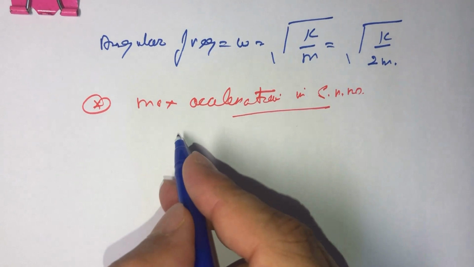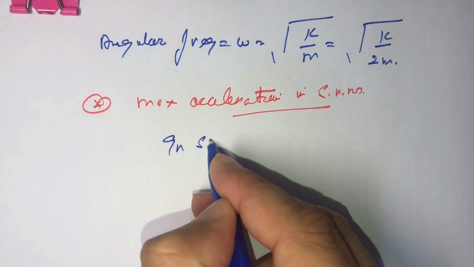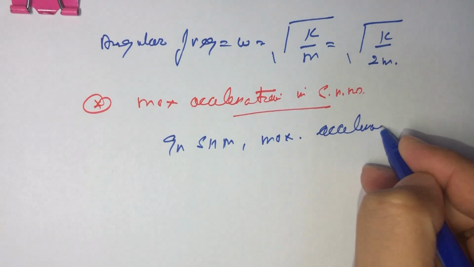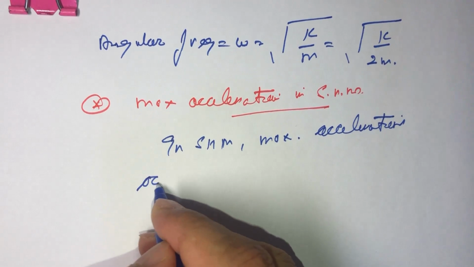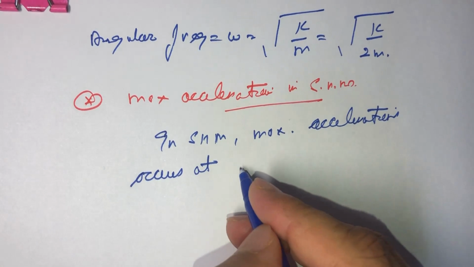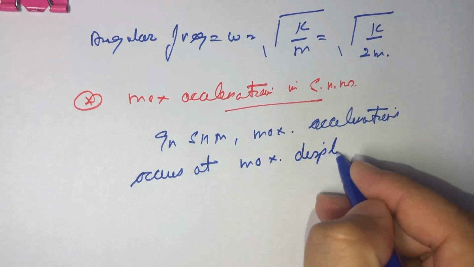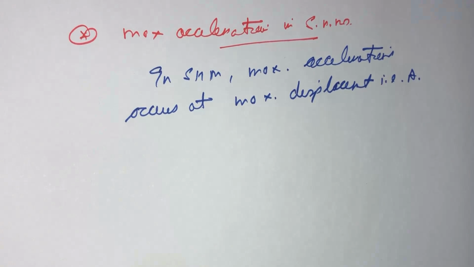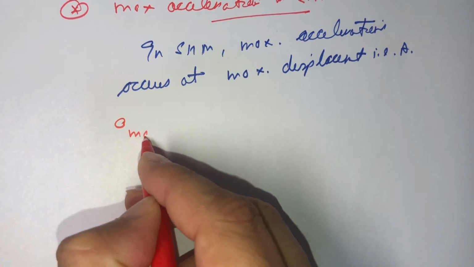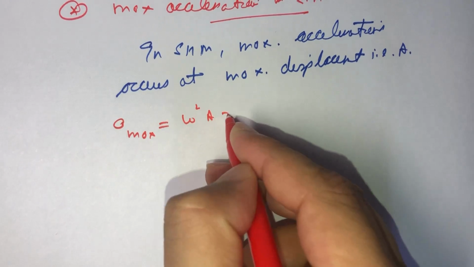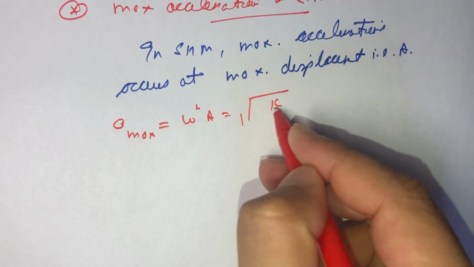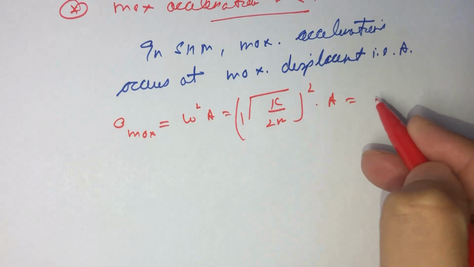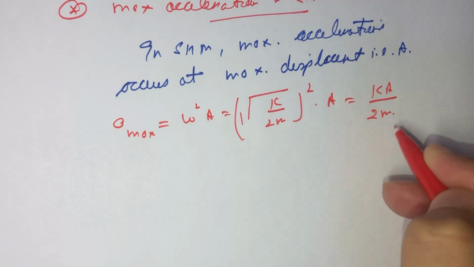You can say that in SHM, maximum acceleration occurs at maximum displacement, which is given as A. Therefore, maximum acceleration, represented as A max, will be equal to omega square multiplied by A. Substituting the value of omega, we get K divided by 2m multiplied by A, and this gives us KA divided by 2m.